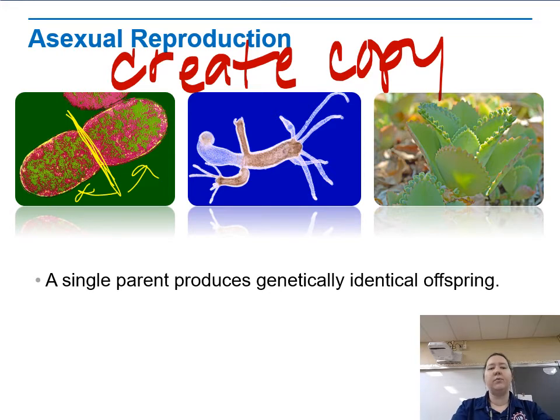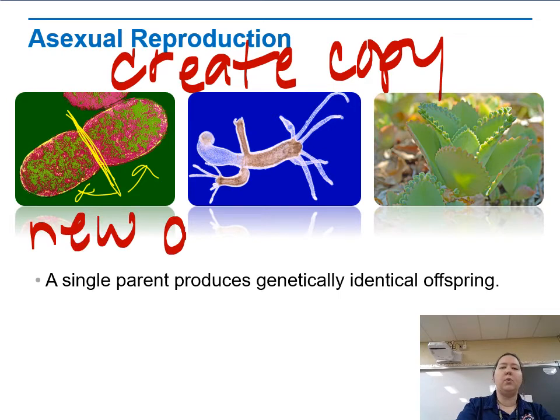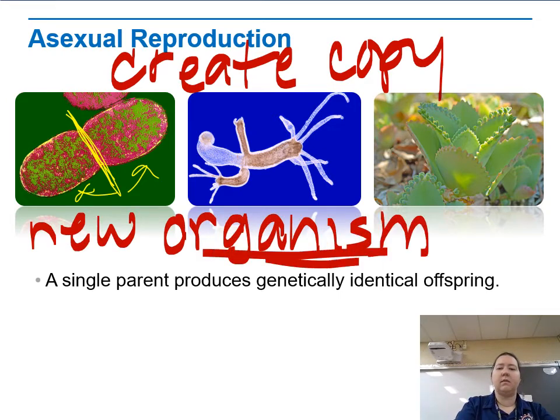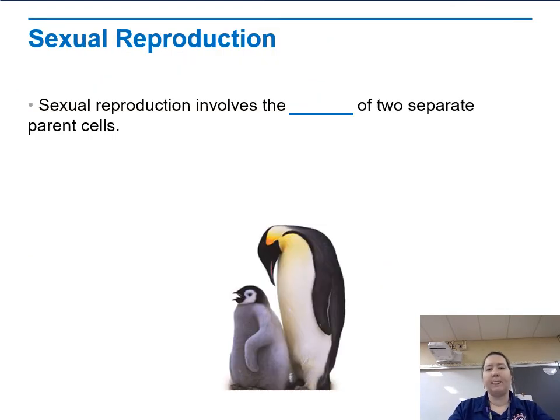If you're doing it like a bacteria cell, you're creating a whole new organism. So asexual reproduction is to create a new organism. That's what reproduction is about, creating a new organism. Asexual creates an identical version as offspring.